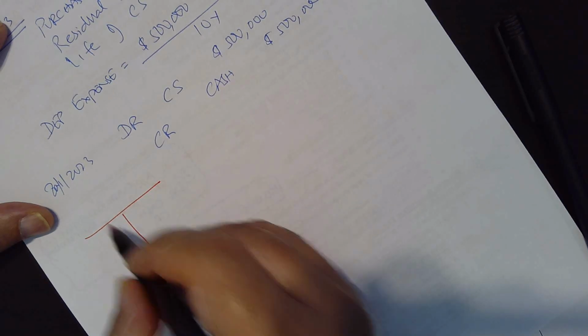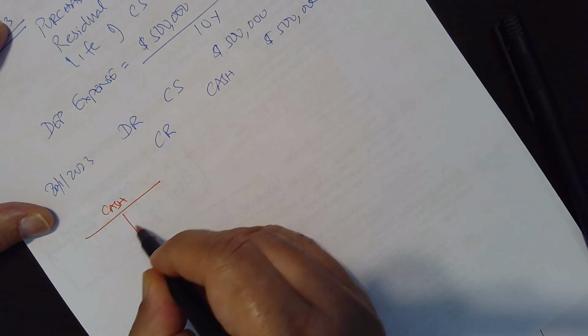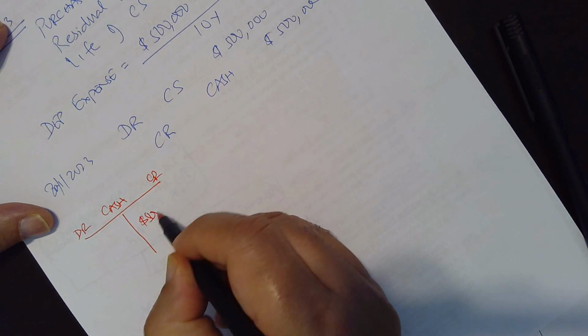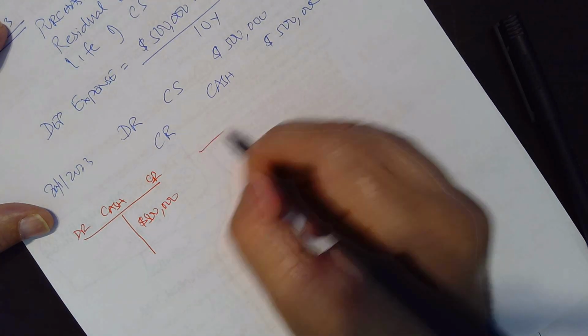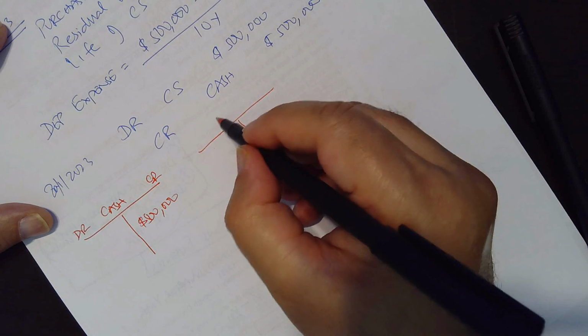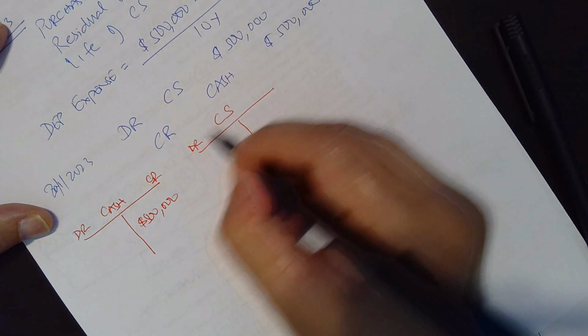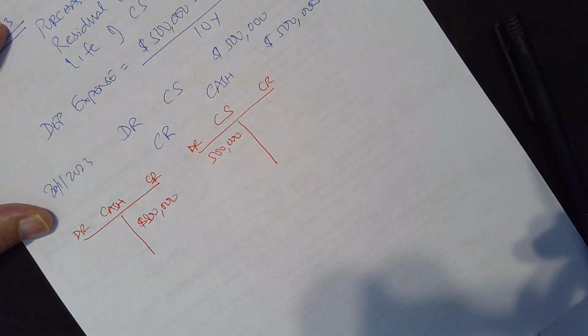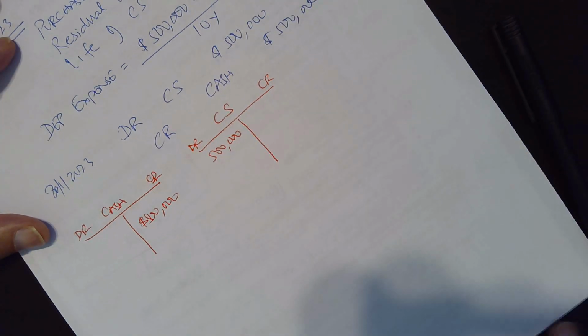Cash already exists in our system. We know that there's a debit, there's a credit. Cash is down by 500,000, but it gives rise to the computer system that we have purchased for $500,000. All right.